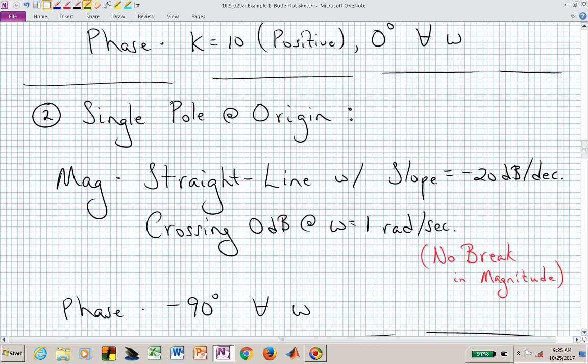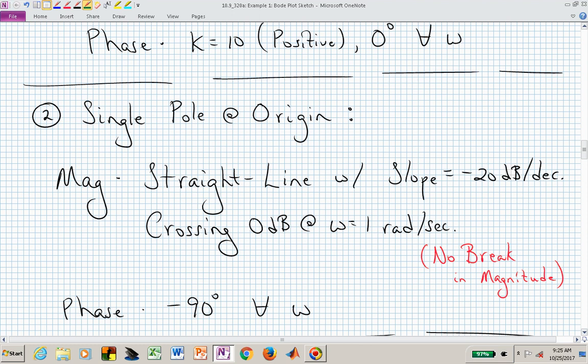We're bigger than that in magnitude as we go to the left, where omega is smaller: 0.1, 0.01, or 10 to the minus 1, 10 to the minus 2. As we increase in frequency, the slope is negative, so now we'll be less than 0 dB. We'll be at minus 20 dB when omega equals 10, and minus 40 dB when omega equals, I'm sorry, 100.